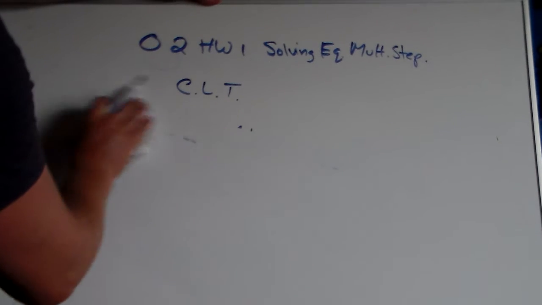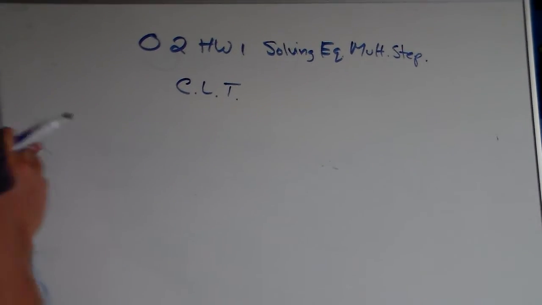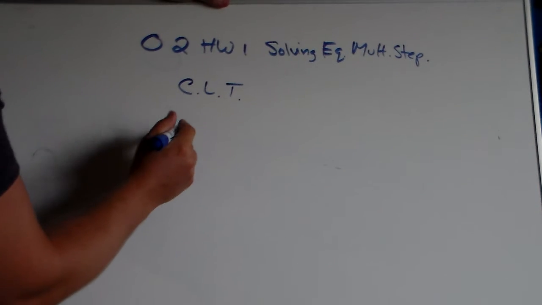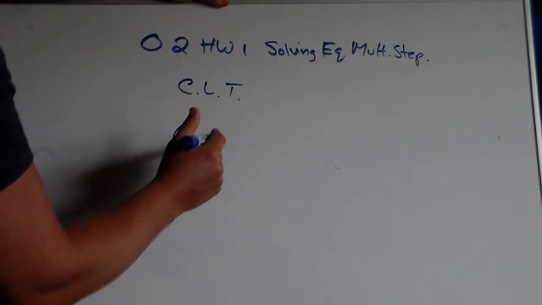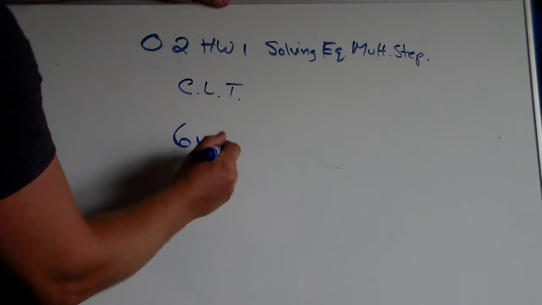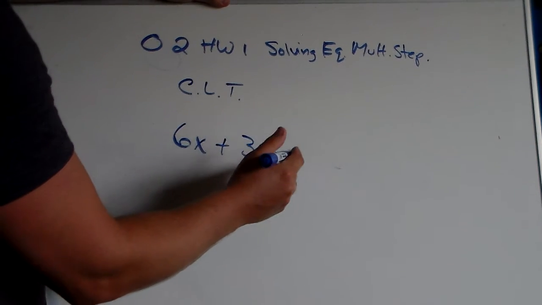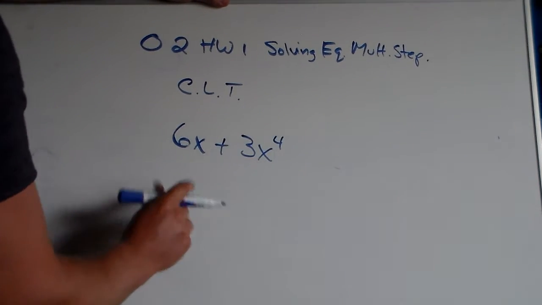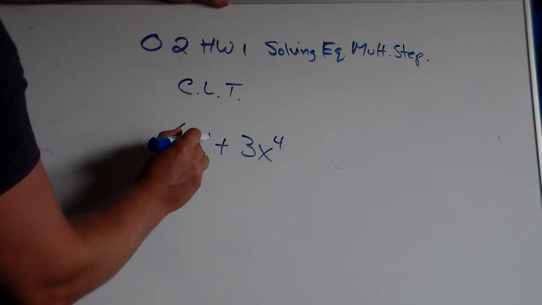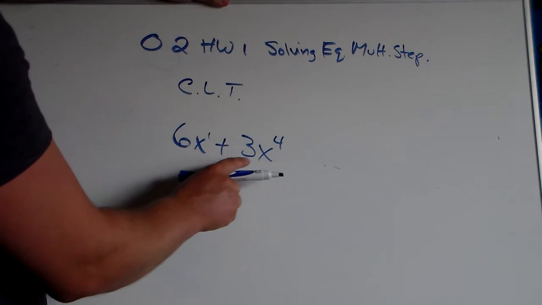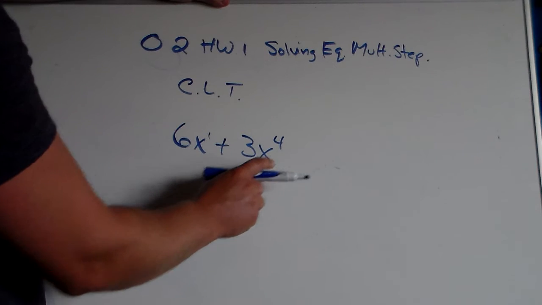Also, we probably talked about when letters are to a different power, meaning that they have a different exponent. Let's say we have 6x plus 3x to the 4th power. Well, 6x, that's really to the 1st power. And then the 3 has the x to the 4th power.